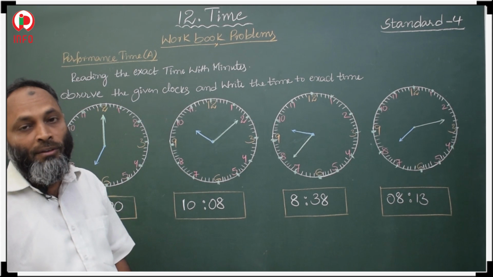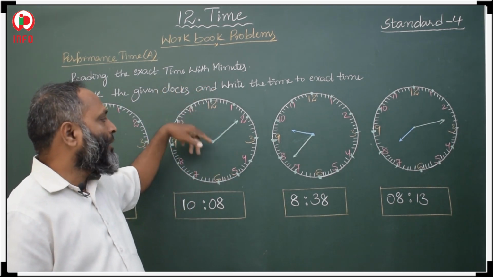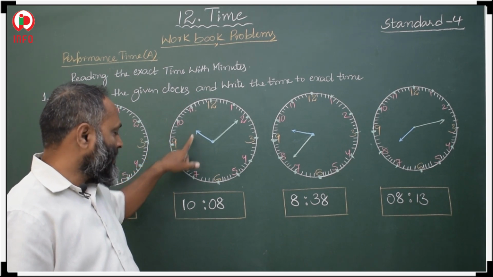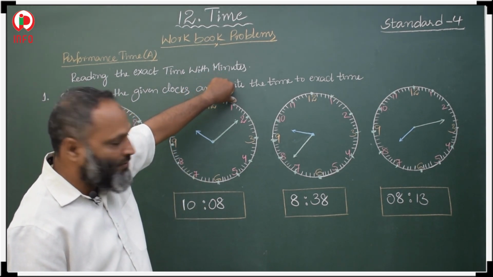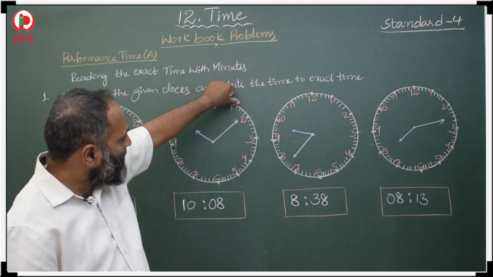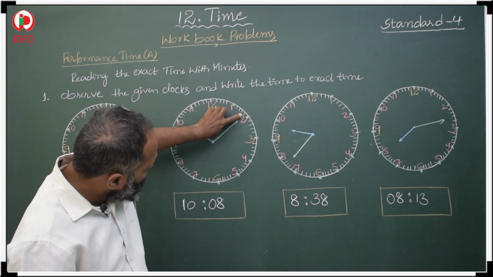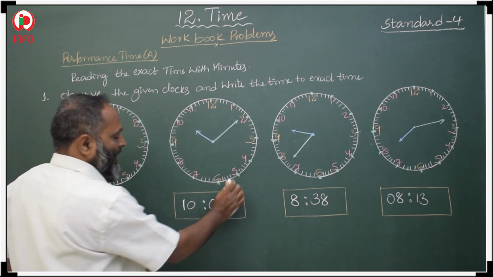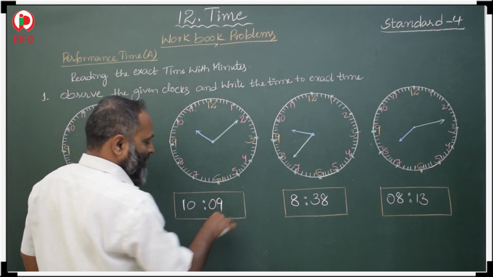The hours, 10 hours, is the same. After 1 we have 5 minutes completed, then 6, 7, 8 and 9. So it is 10 hours 9 minutes.